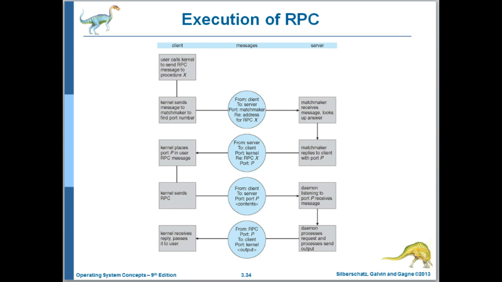How does process A determine what port to send its parameters to? Well, it turns out that there's a matchmaker, as it's called here, process listening on a well-known port that can be queried by process A to determine what port to send to in order to communicate with process B. So when process B starts up, it registers its services with this matchmaker.